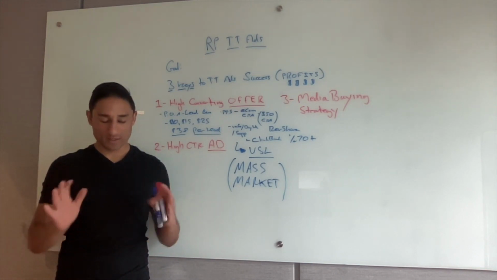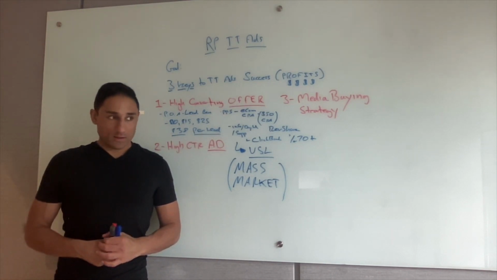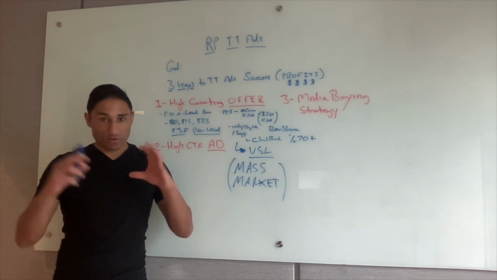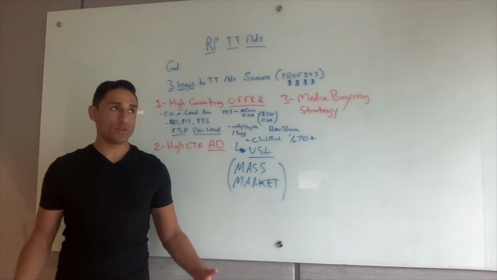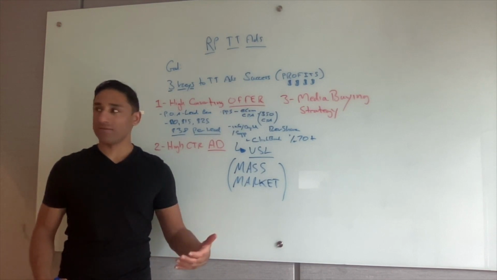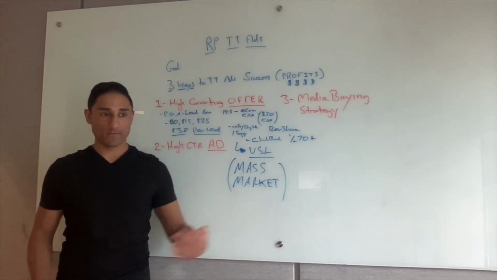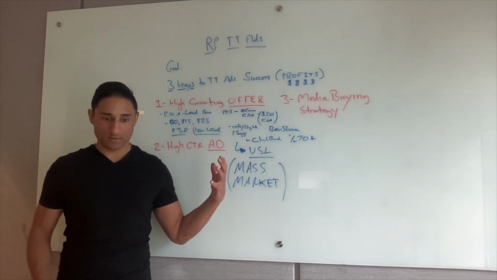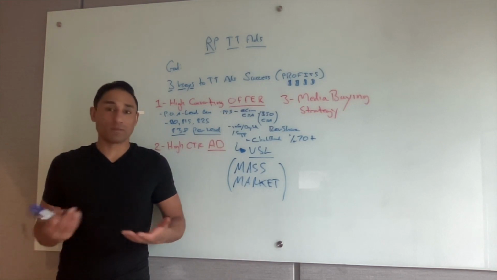And this is broken down into three different categories, okay? There are three types of niches which all humans have pain points that they want solutions to, which we can provide them in the form of an offer, right? That's what we're basically doing. We're solving people's problems.